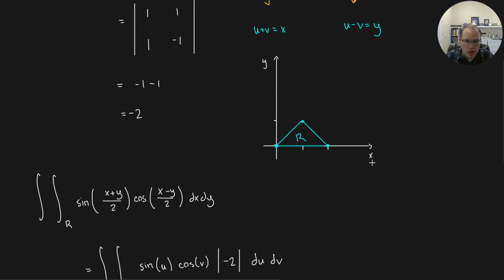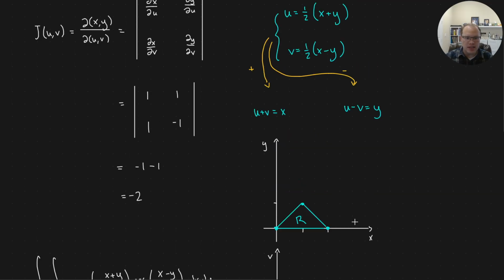What we want to do is we want to translate that into our new space, UV space. What we want to do is take each line that we have here in XY space and translate it to UV space. All right, so let's first find the equations of these lines in XY space.